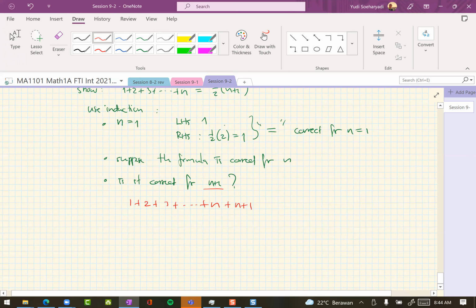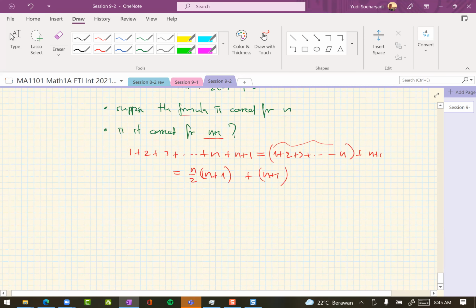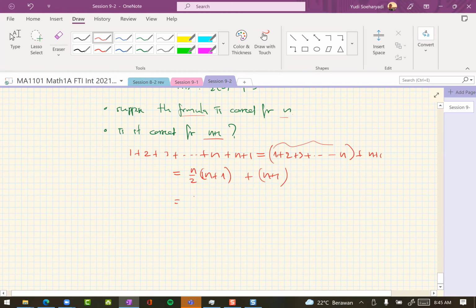Well, let's put these together until n, and then add the n plus 1 separately. We know from what we supposed that this is correct for n. So this gives you n(n plus 1) over 2, plus this n plus 1 here. Of course you can factor this out.